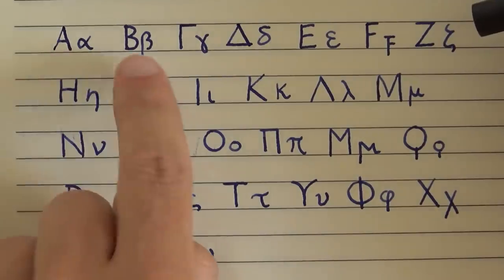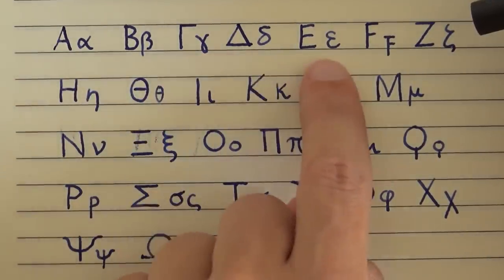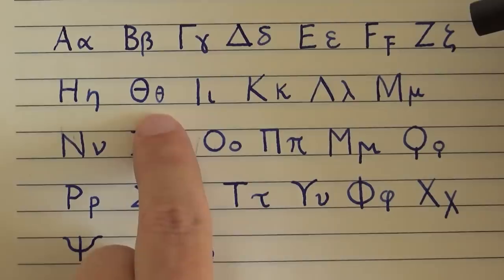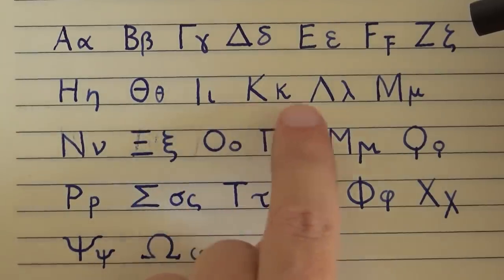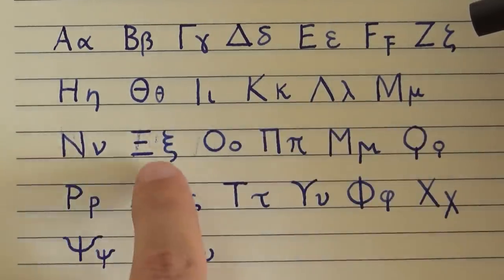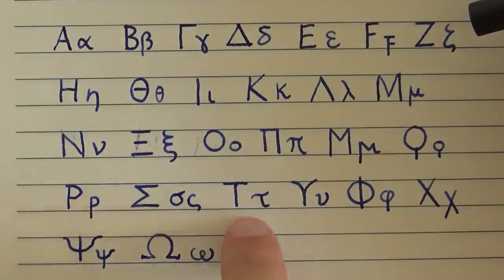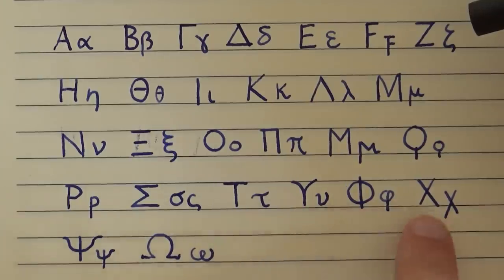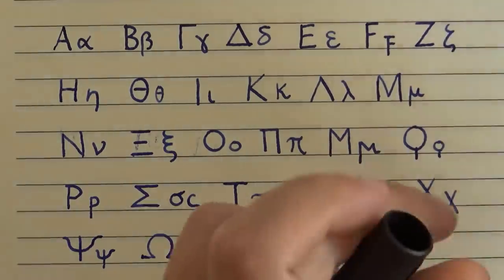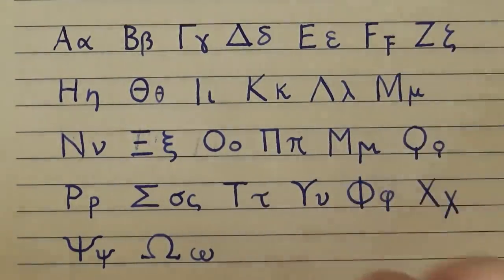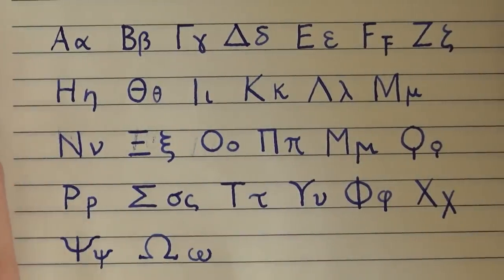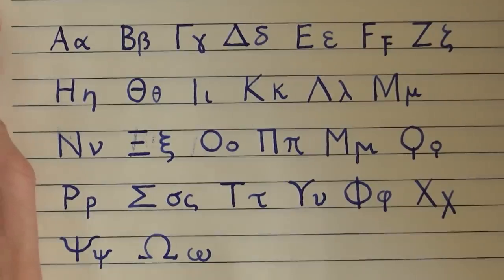It was alpha, beta, gamma, delta, epsilon, zeta, eta, theta, iota, kappa, lambda, mu, nu, xi, omicron, pi, rho, sigma, tau, upsilon, phi, chi, psi, omega. It's actually a very simple melody. It's a very famous children's song melody, but it's really effective to learn through a song.